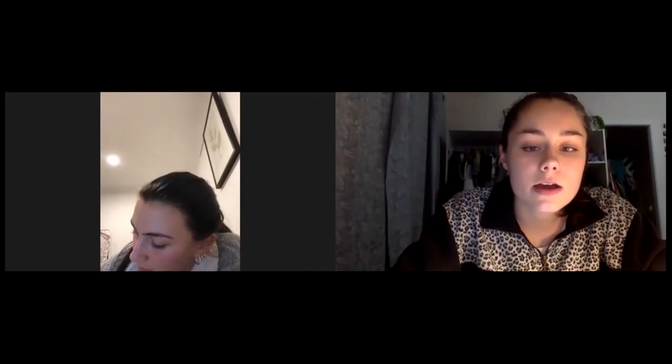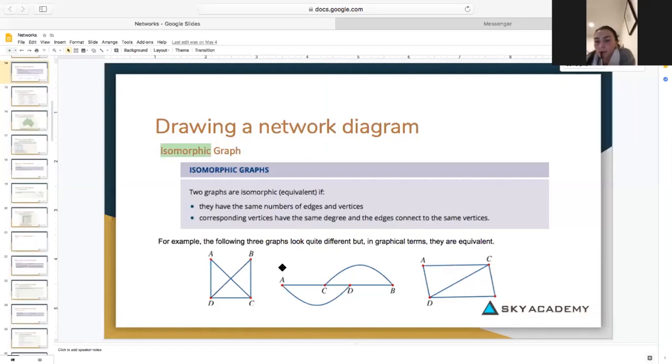So they have to have the same number of edges. They have to have the same number of degrees. And they have to have the same connections. So if A and D connect, then A and D have to connect on the other graph. Does that make sense? Yeah.